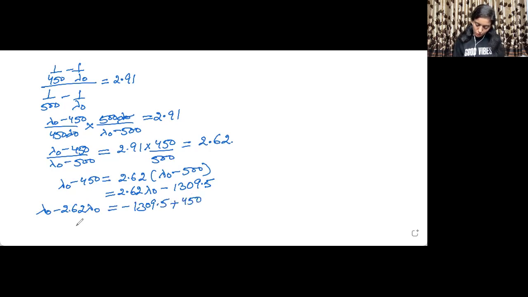So it will be minus 1.62 lambda naught equal to minus 1309.5 plus 450, which is minus 859.5. So lambda naught will be equal to 859.5 divided by 1.62, and it is coming out to be 530.5 nanometer.